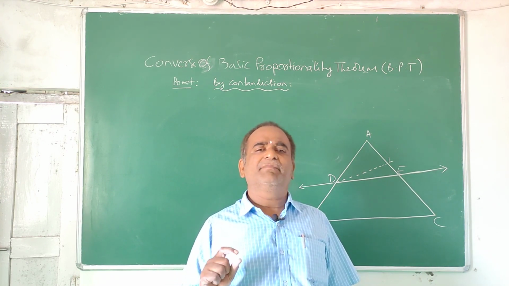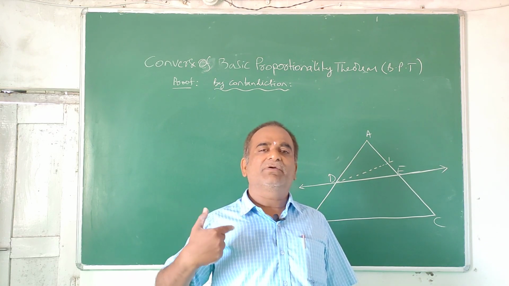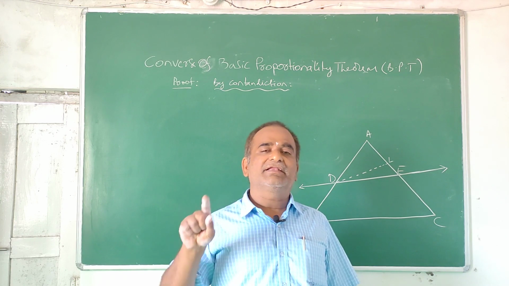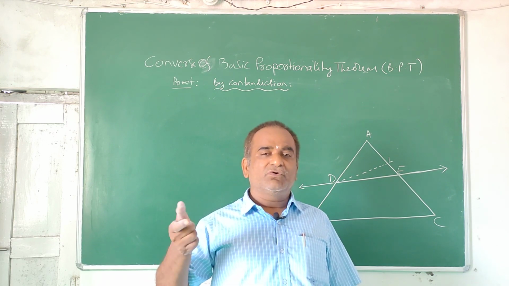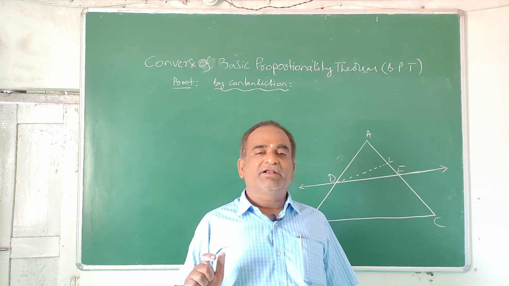Somewhere we meet with a contradiction, so we realize that our assumption is wrong, and we say that the given is true. This method of proving is called the method of contradiction.